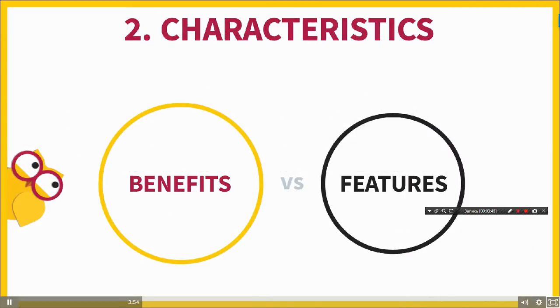Next, benefits versus features. I've seen a lot of campaigns that are describing a lot of technical features, putting information that nobody except the tech service is interested in. Of course, if your target audience are techie guys who do care about all that information, no problem. But usually don't put the features of your products first.